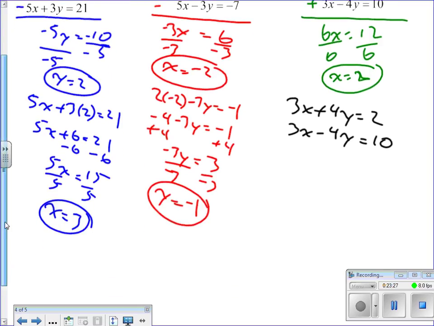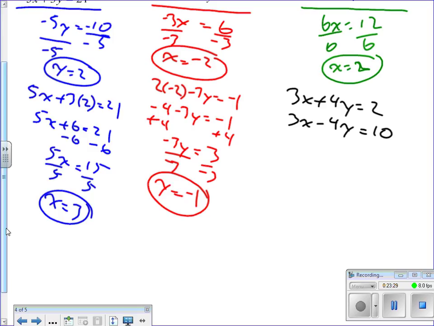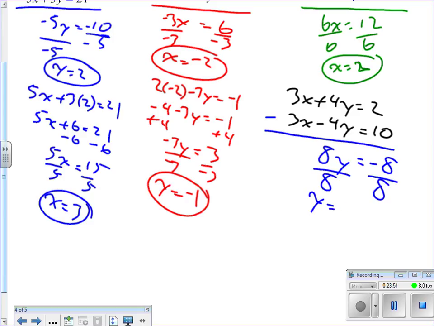If I take the problem again, and instead of doing addition, I do subtraction, 3x minus 3x, x goes away. 4 minus negative 4, I get 8y. 2 minus 10 equals negative 8. Divide by 8. y equals negative 1.